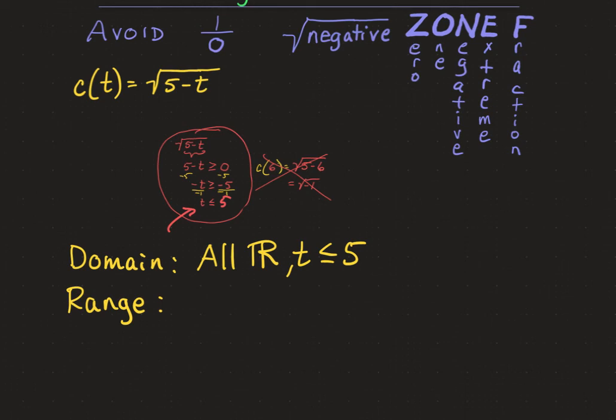If t is a lot less than 5, we get a bigger positive number. So we have all real numbers C of t greater than or equal to 0. If you're confused about the range, go back and look at my negative example when I plugged a negative number into the function C of t.